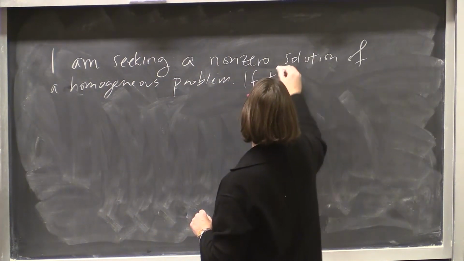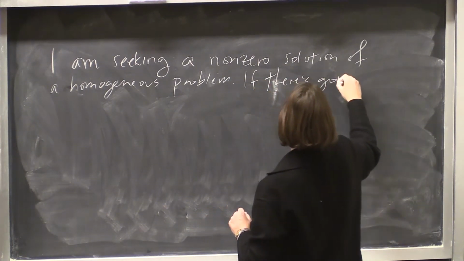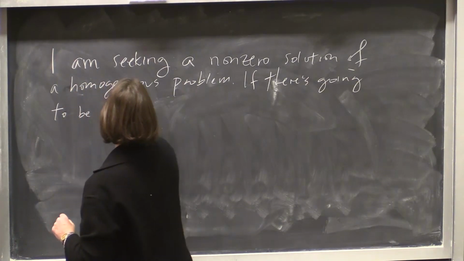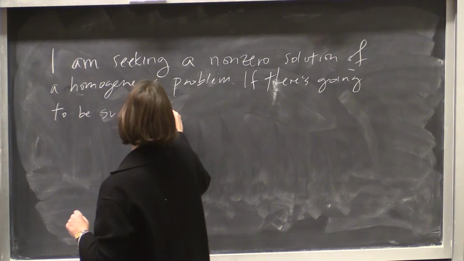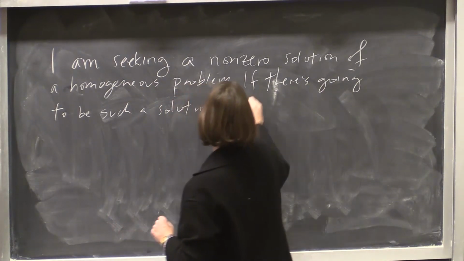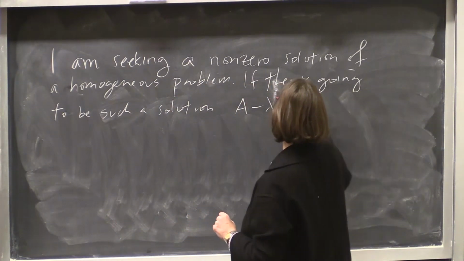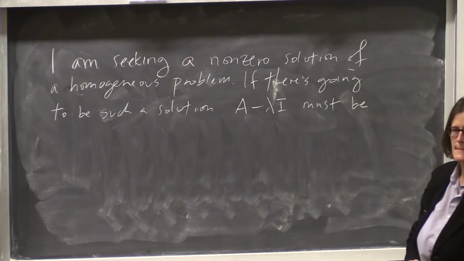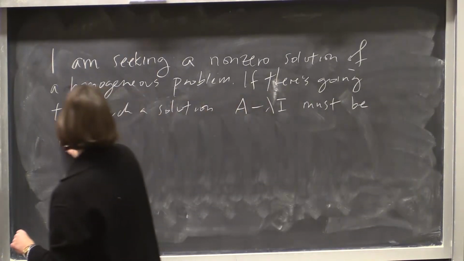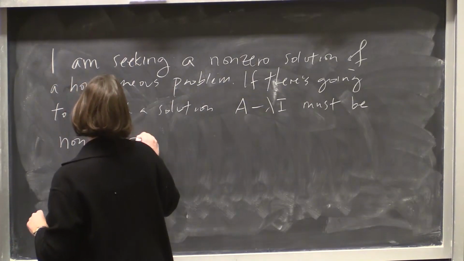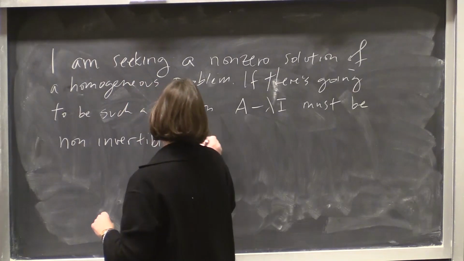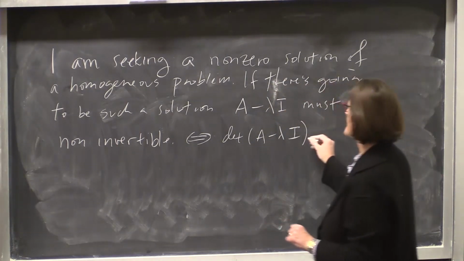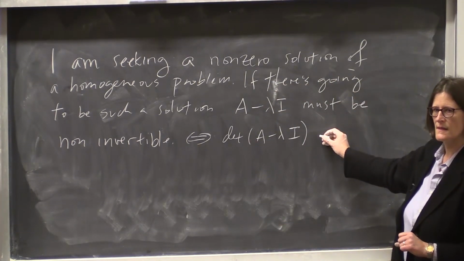If there's going to be such a solution, A minus lambda I must be, can it be invertible? No. It must be non-invertible. That's if and only if the determinant of A minus lambda I is what? 0.